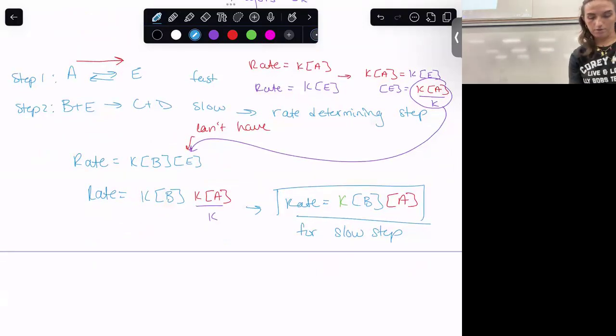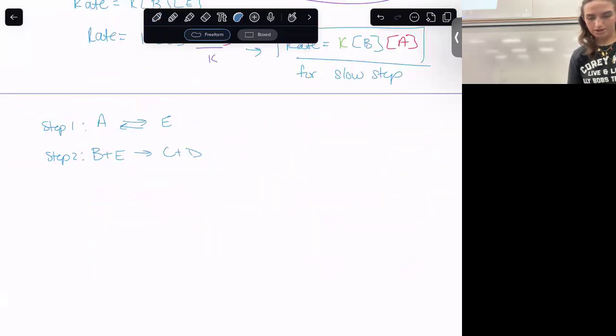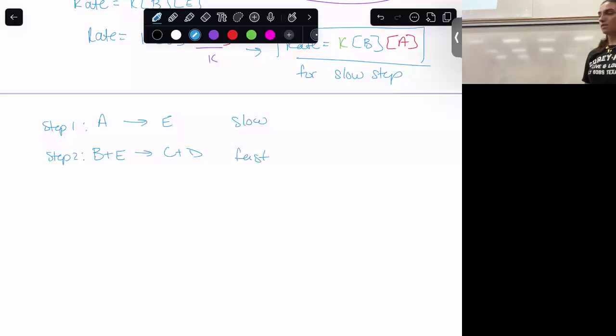So if this reaction was slow and this was fast, then your rate law is just rate equals k times A. We only care about the slow step, we only care about the reactant of the slow step.